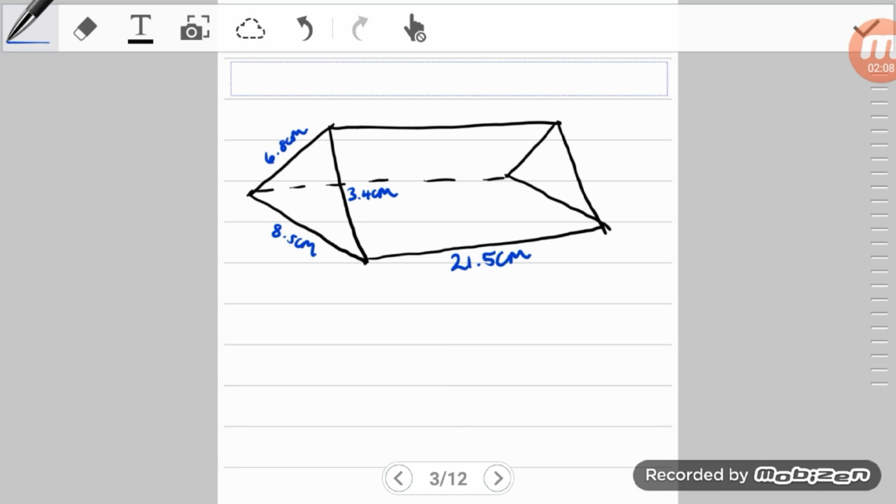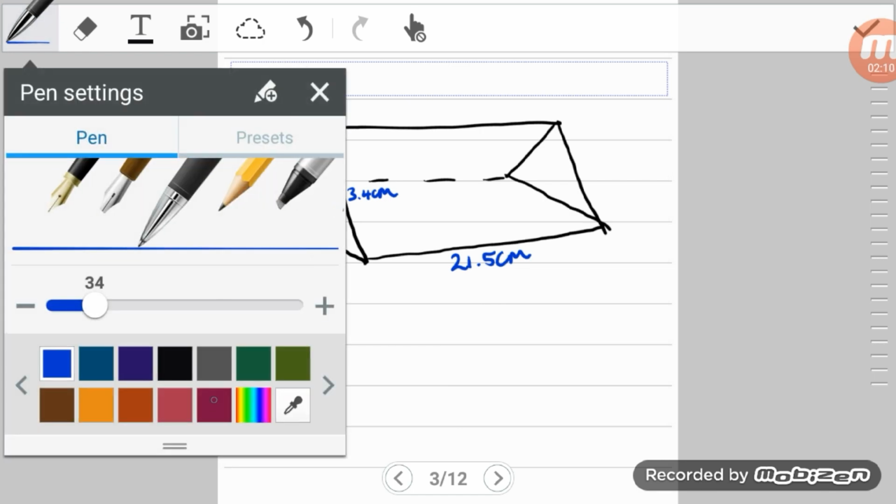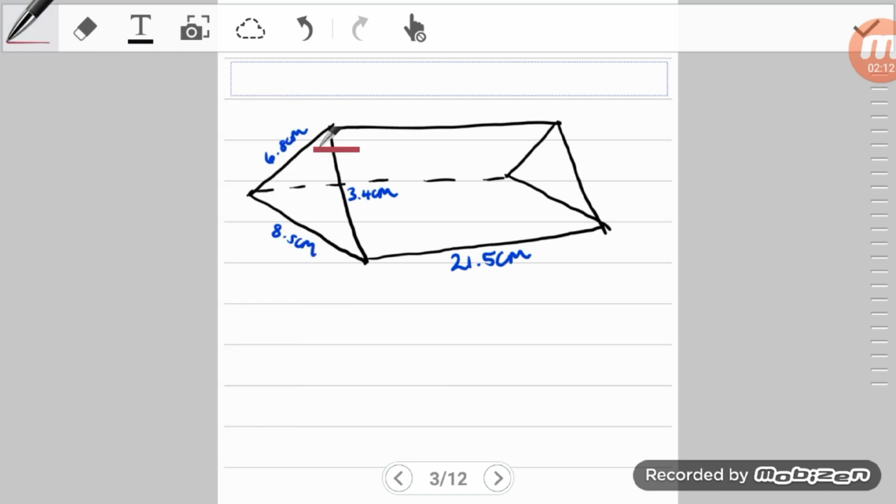So that was the diagram that we were looking at. Just to remind you, the cross-sectional area is right at the face here. This is the face of the diagram. There's always two of them, one at the back, one at the front, or top and bottom, or left and right. In this case, it's front and back.